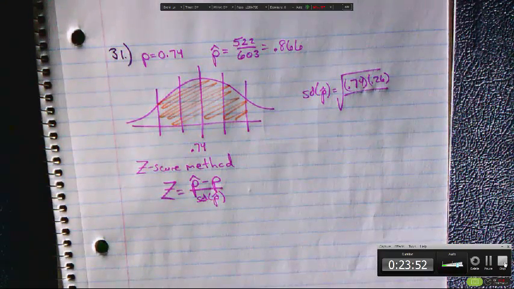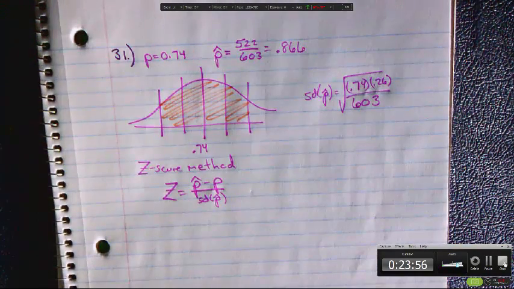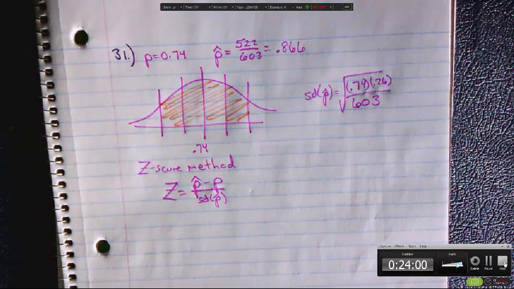Because there are 603 people in their sample. So 0.74 times 0.26 divided by 603 gives us 0.0179.